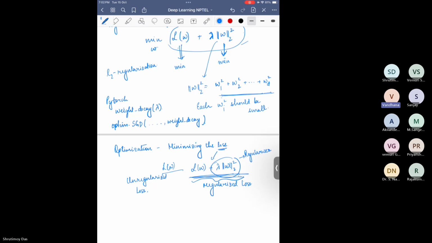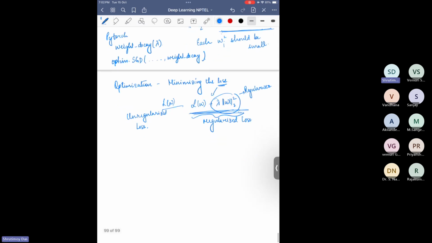So this whole regularization that is being done, will this lead to optimization? It will not lead to optimization. Optimization is something that we do. Whenever we are using gradient descent or stochastic gradient descent or Adam, those are optimization algorithms. Suppose I am using Adam for optimization.